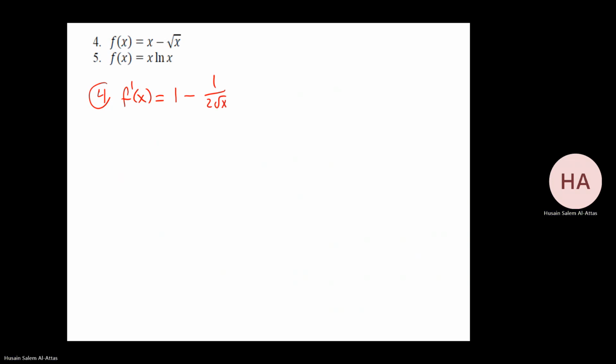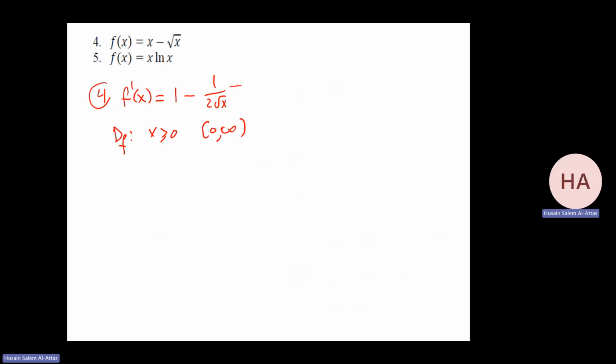Let me do more problems. Okay, I have number 4. The same thing: we'll find f prime. It will be 1 minus 1 over 2 root x. What's the domain of f? Be careful. I need x to be positive, so the domain of f is from 0 to infinity, closed at 0.